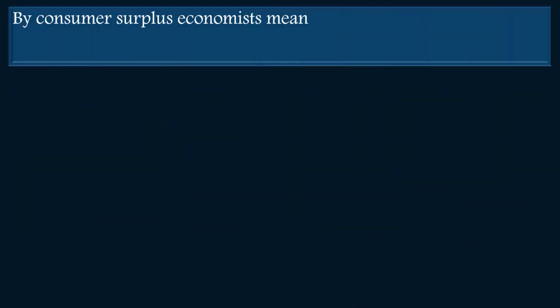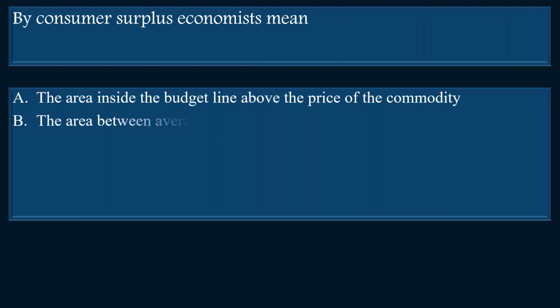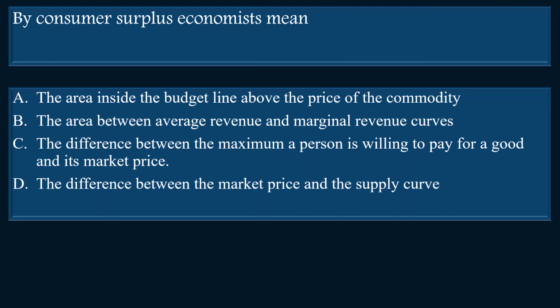Second question. By consumers' surplus, economists mean, options: A. The area inside the budget line above the price of the commodity. B. The area between average revenue and marginal revenue curves. C. The difference between the maximum a person is willing to pay for a good and its market price.